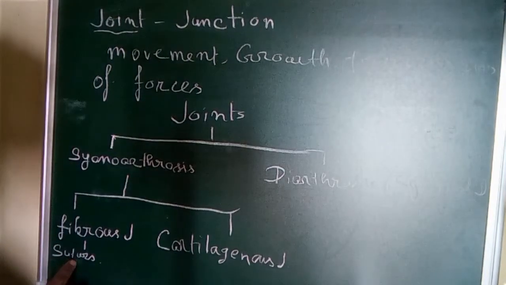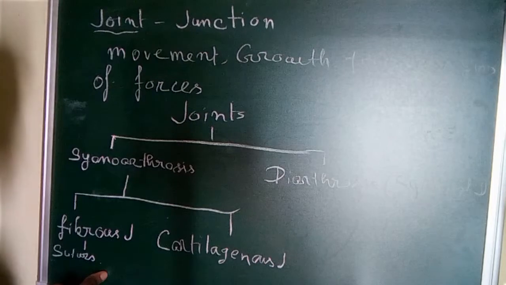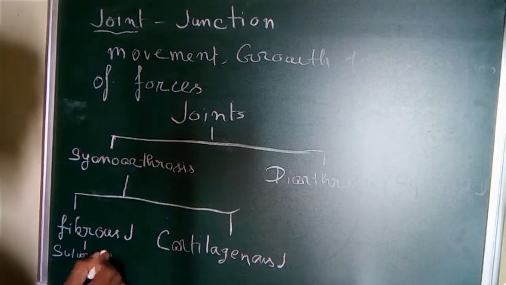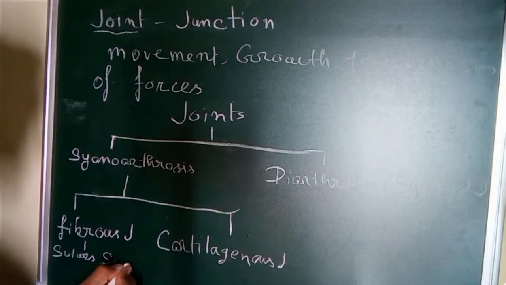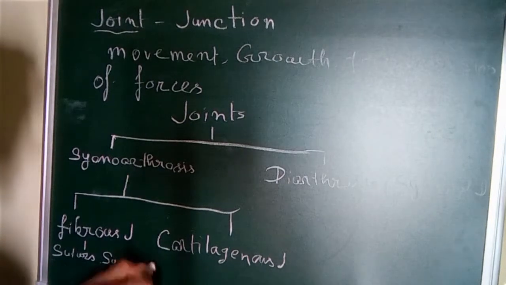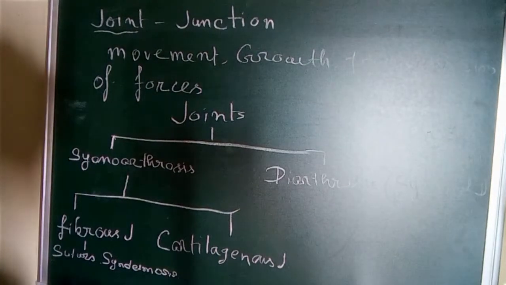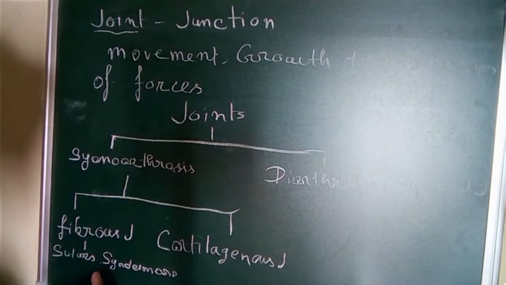Sutures appear between those bones which are ossified in membrane, like the joints of the skull. Then syndesmosis, where the surfaces of the bones are united together, like the middle radioulnar joint and the inferior tibiofibular joint.